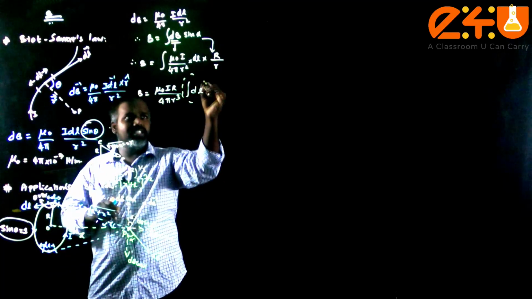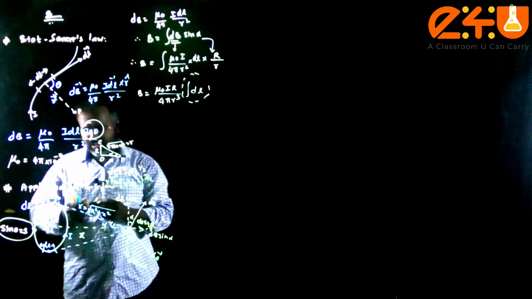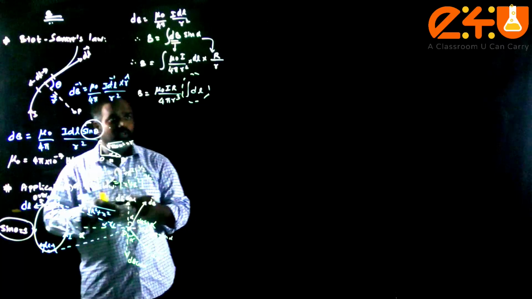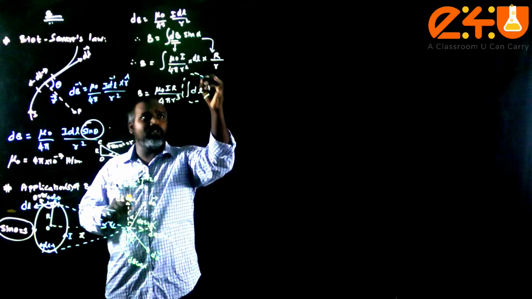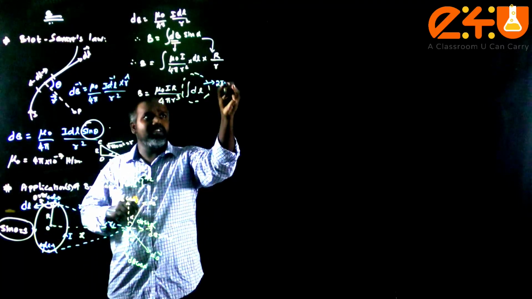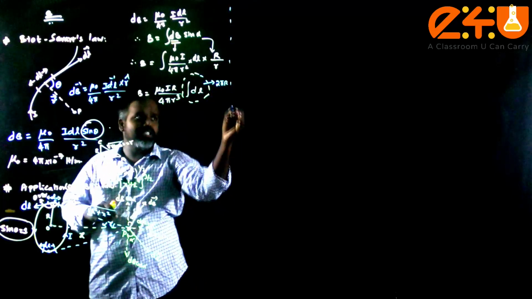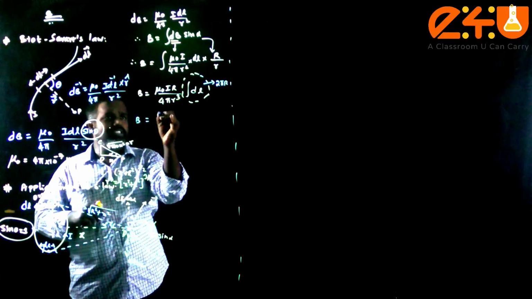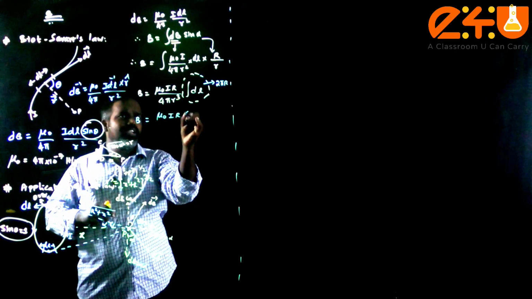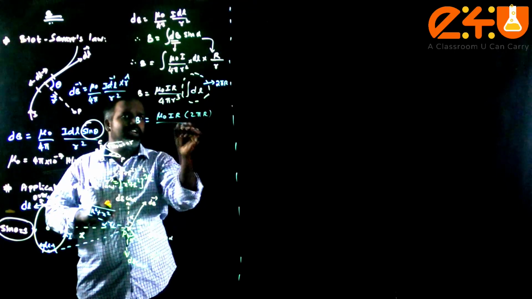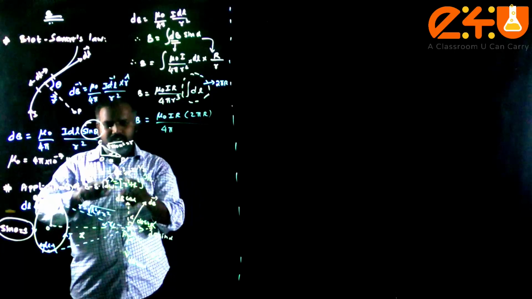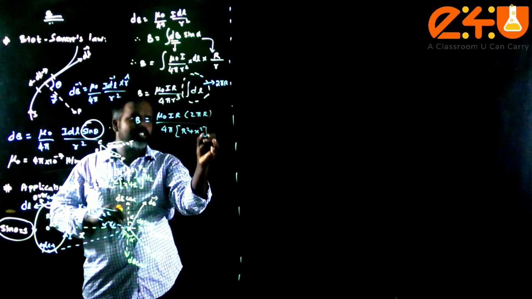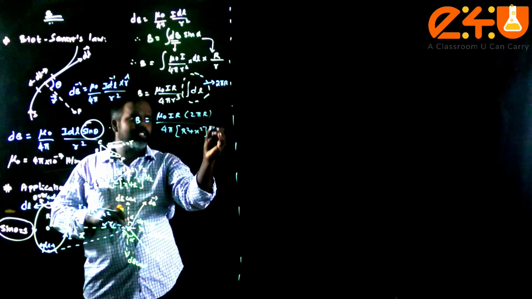Now please see that this is the integration value. Whenever the element is integrated, you get the circumference of the loop. Therefore this total integration value is the circumference of the coil. So we can write B is equal to mu naught I R into 2 pi R divided by 4 pi, times R square plus x square whole power 3 by 2.